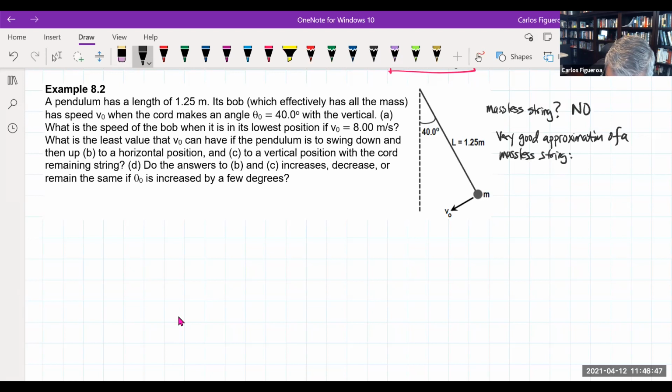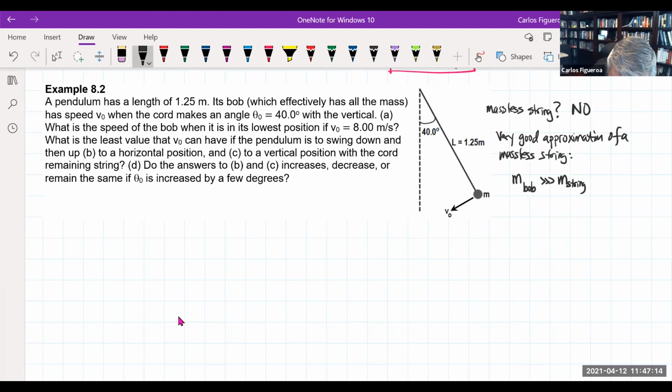And the way we do this here is that if the mass of the pendulum bob is much, much greater than the mass of the cord or the string, then this is a massless string. That means we can ignore that, and to many sig figs, you could literally replace the mass of the string equal to 0.